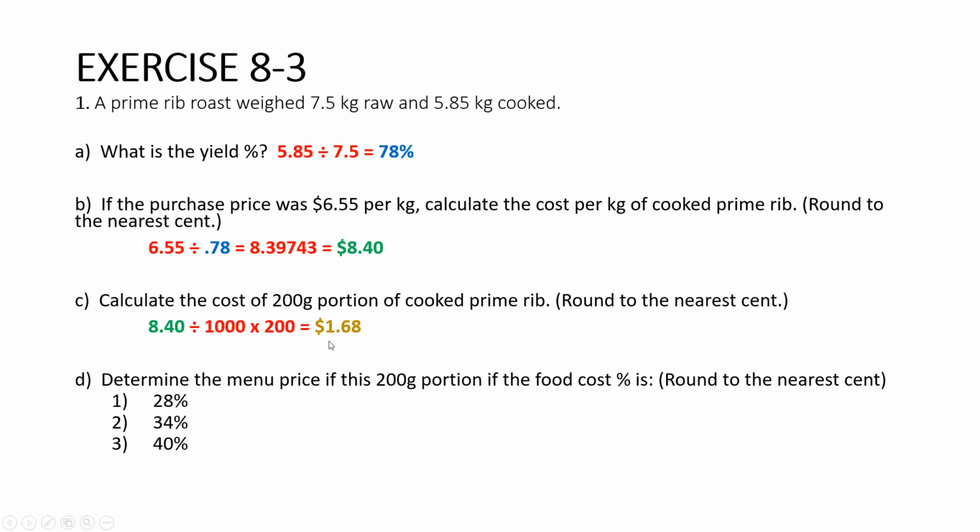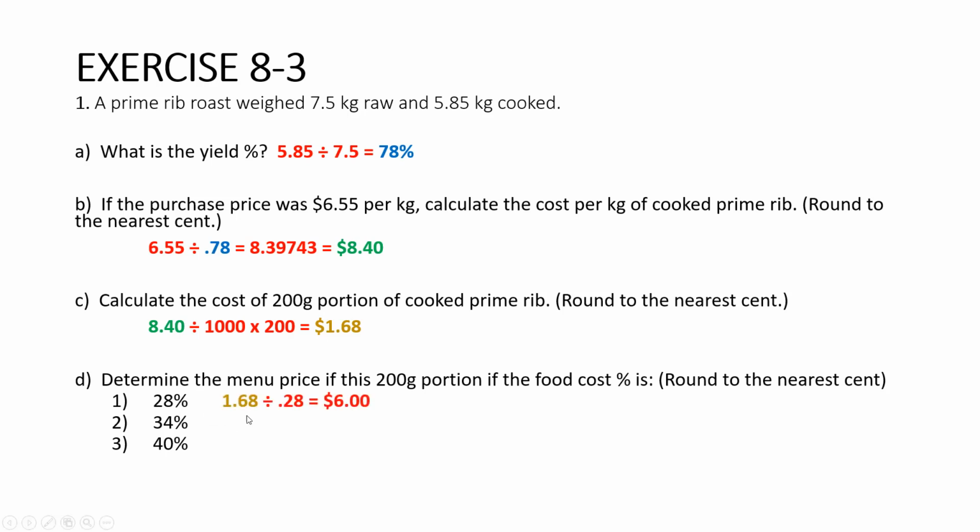Now, if all we wanted to do is to sell this 200-gram portion of cooked prime rib, we would need to determine our menu price. If we had these food cost percents, and we want to round it off to the nearest cent. So we want the selling price. To do the selling price, we must have the cost, and we're going to divide by the food cost percent.